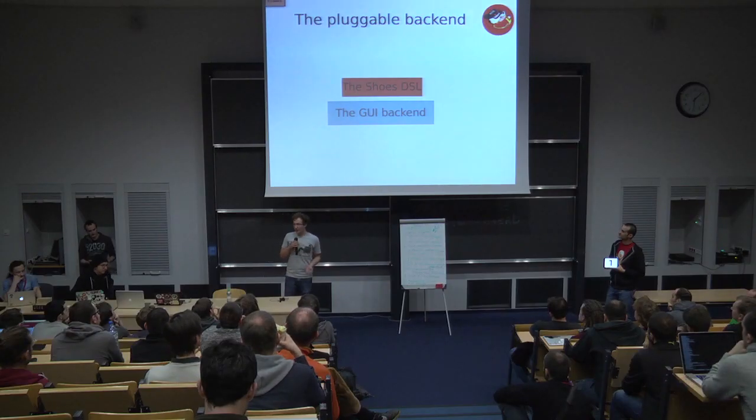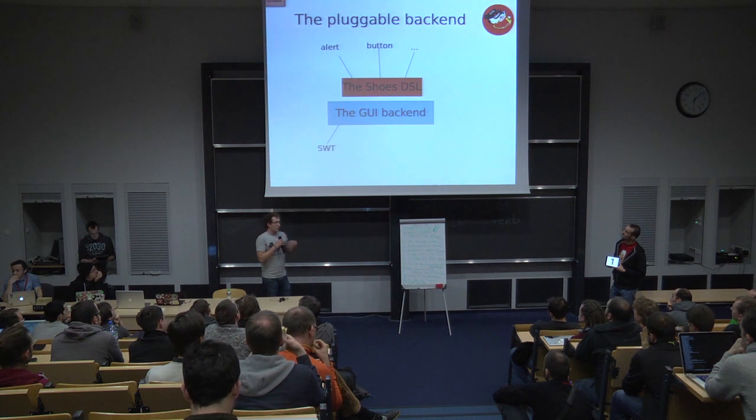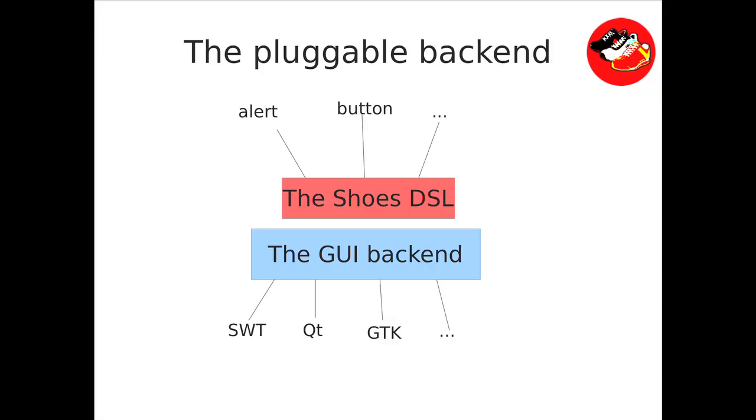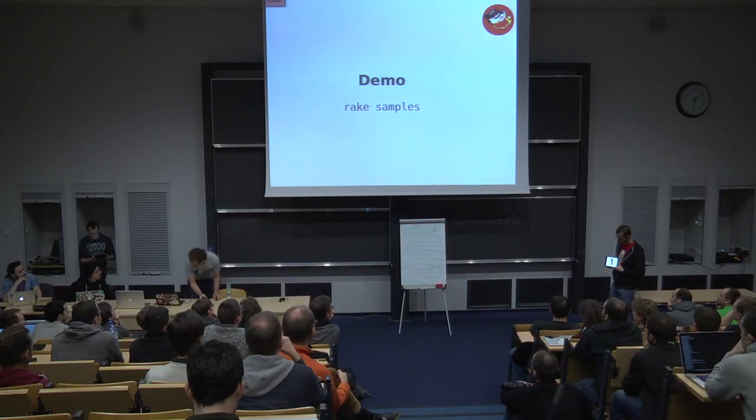What do I mean by pluggable backend? We have the main layer where we have all our methods like alert, button, and others, and we can instantiate those for different backends. For now it's SWT, but you could imagine there could be Qt, GTK, something else, maybe Android, I don't know.